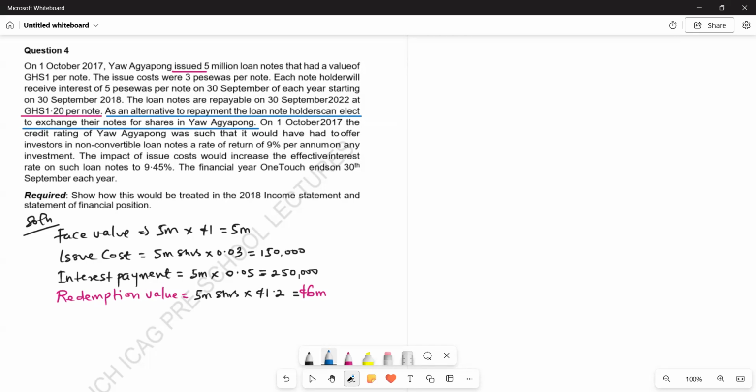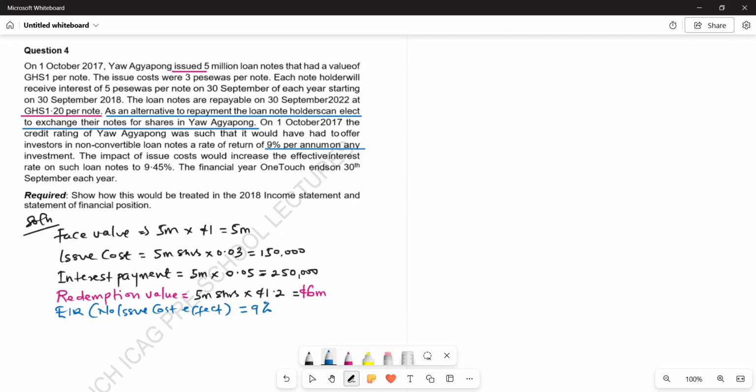On 1st October 2017, that's at the beginning of the year, the credit rating of the company was such that it would have had to offer investors a non-convertible loan note at a rate of 9% per annum. So this 9% is the effective interest rate with no issue cost effect.